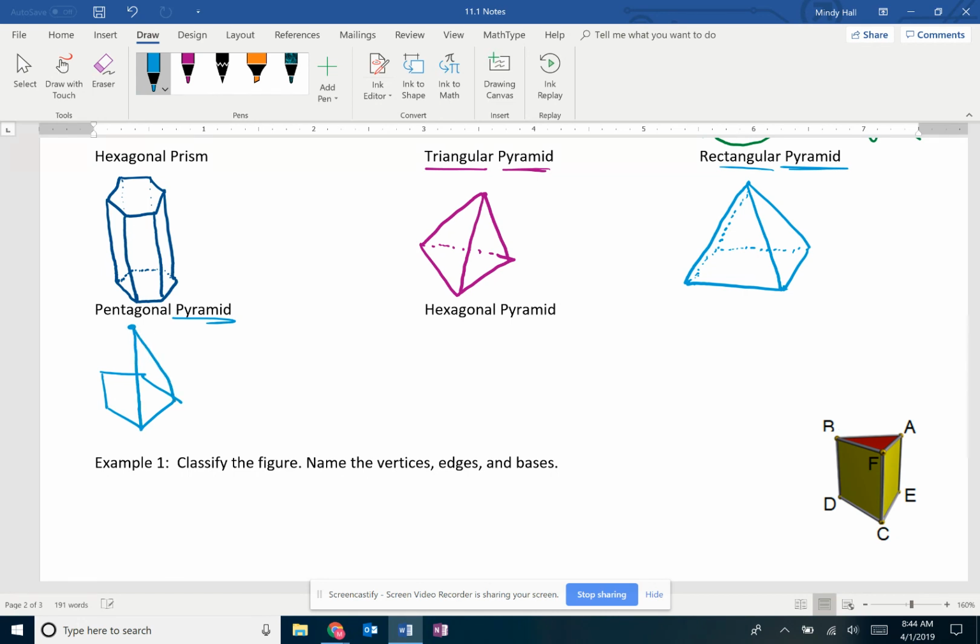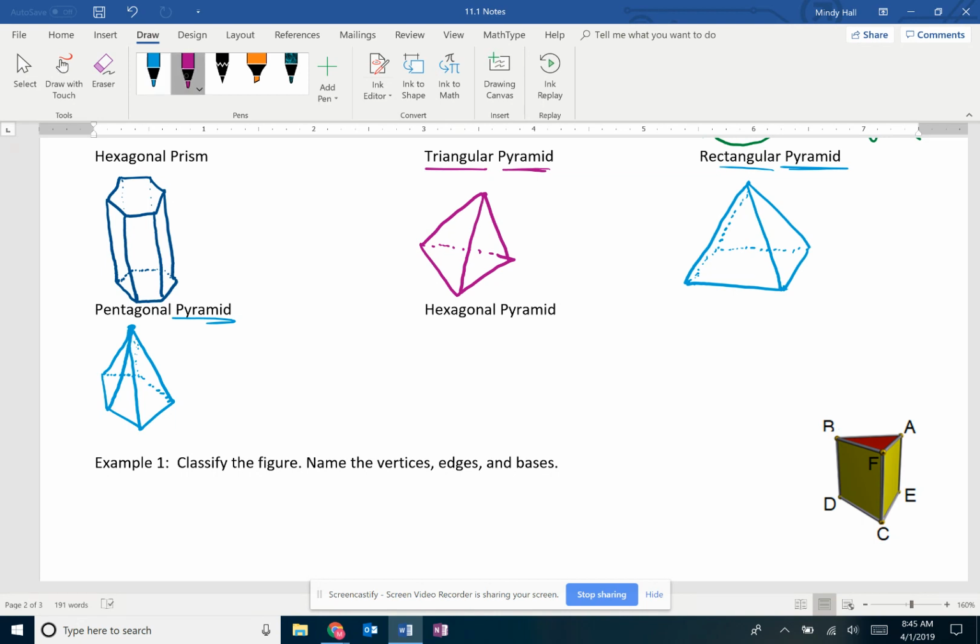I know I can see that side, which is kind of curvy, so let me try and fix that. Boop. I know I can see this one, and I know I can see this one. And just by doing that, I can tell that this is going to be dotted, and this one over here is also going to be dotted. And then you'll have a little bit dotted there.